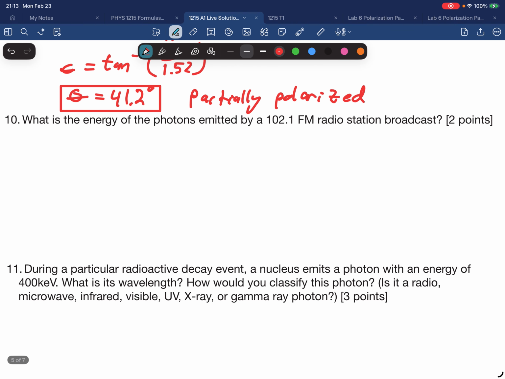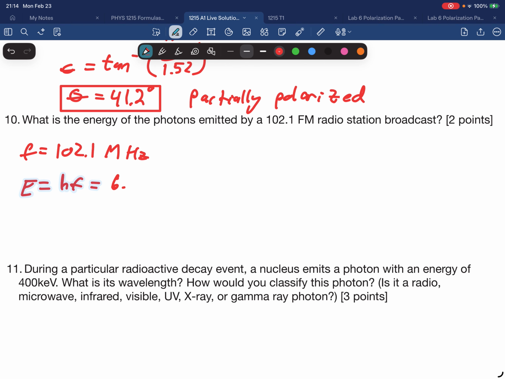Number 10. What is the energy of the photons emitted by a 102.1 FM radio station broadcast? So first, let's get the frequency here. The frequency of a 102.1 FM radio station, these are actually in megahertz as described in class. So this is 102.1 megahertz. We are looking for energy, which is equal to HF.